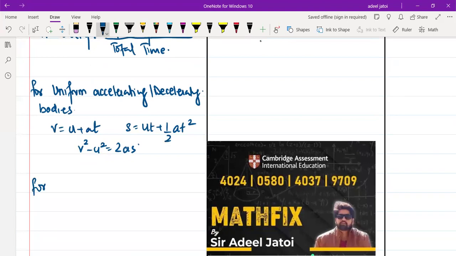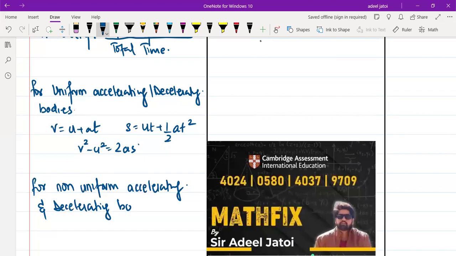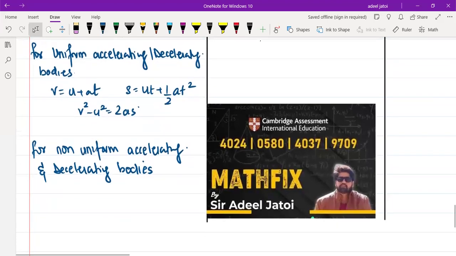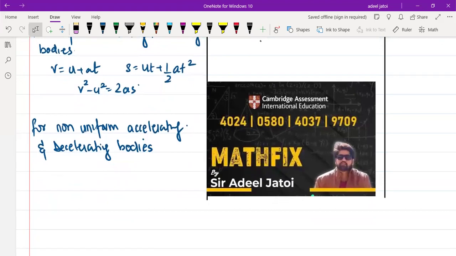For non-uniform accelerating and decelerating bodies, we use the differentiation of what? Displacement according to what?